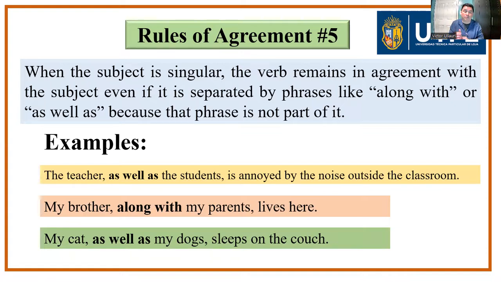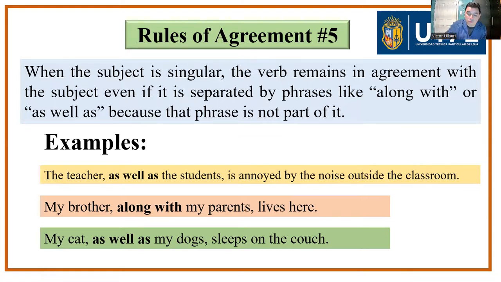They are not part of the subject, so therefore we are not going to use the verb in a plural form. We're going to use it in a singular form. My cat, singular, as well as my dog, sleeps on the couch. So "sleeps" goes singular because of the subject, which is my cat, it's singular.